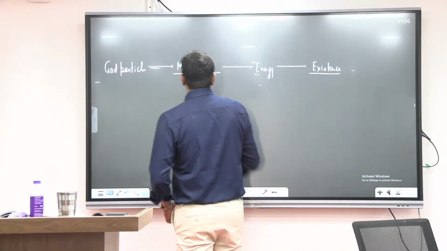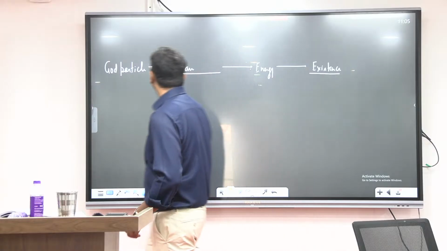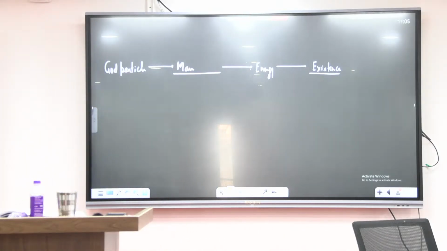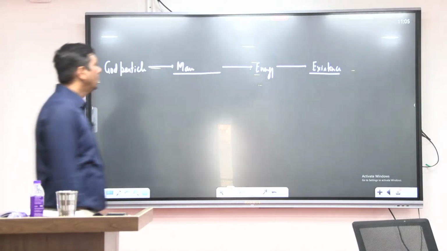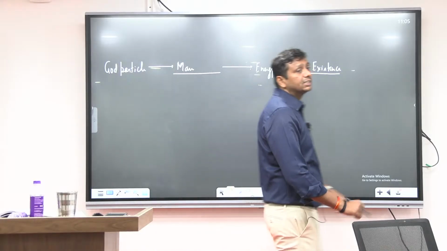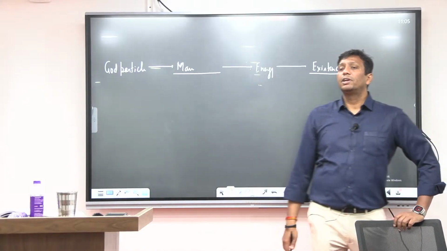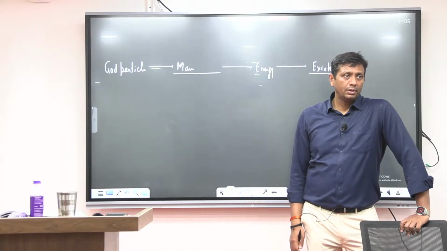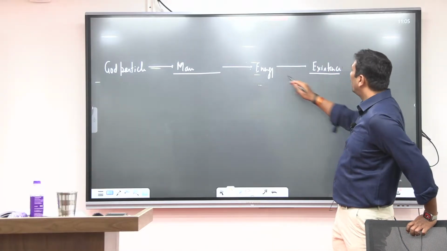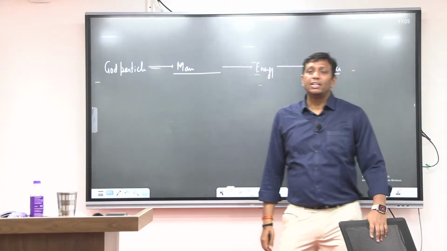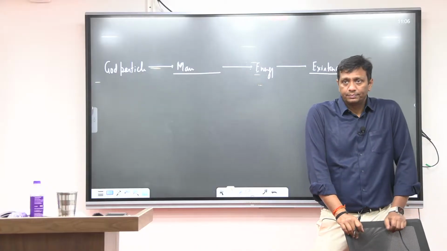Due to the presence of the God particle, mass exists. Due to the presence of mass, energy happens. And due to the presence of energy, everything exists in the Brahman. Without energy, nothing is possible. And see, the reason behind the energy is what? That is the mass. Without mass, nothing exists.